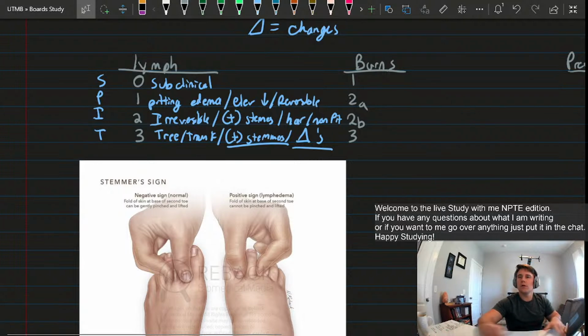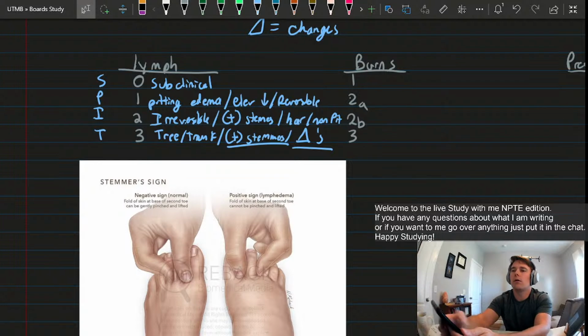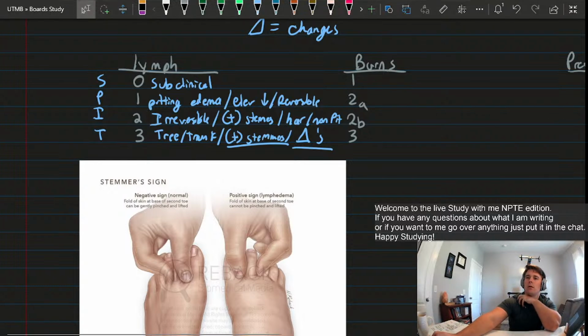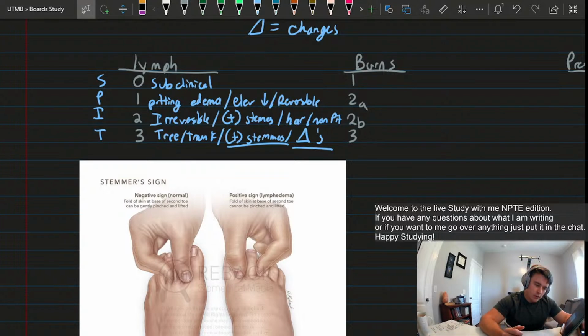Let me see if it's working better. All right, so that is lymphedema.